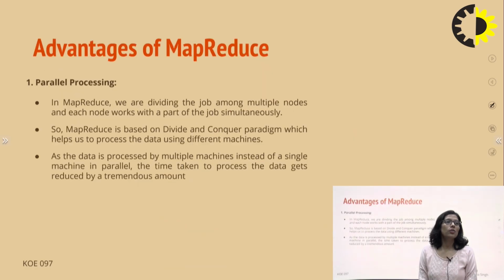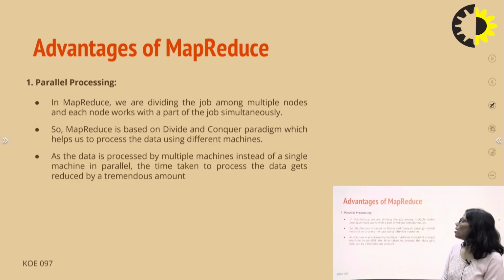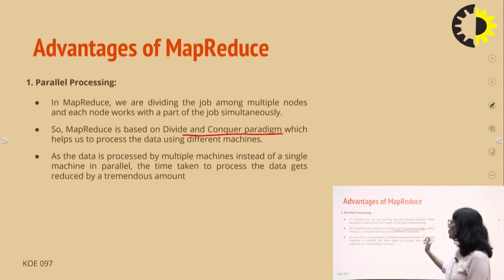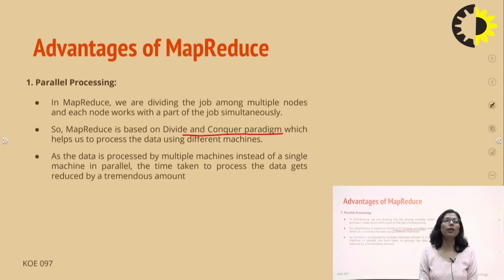Right? So let's understand the advantages of MapReduce. The first and foremost advantage is parallel processing. Since the data is distributed across various nodes, we can process the data on these nodes in parallel, and that is done by MapReduce. Here we are using the divide and conquer approach, which helps us process the data on different machines.